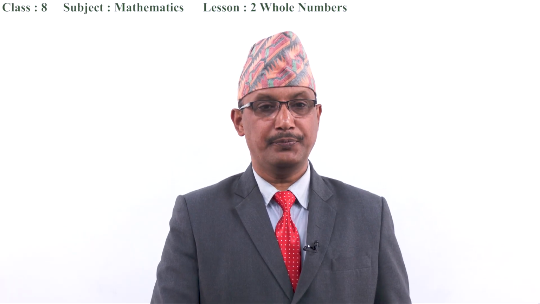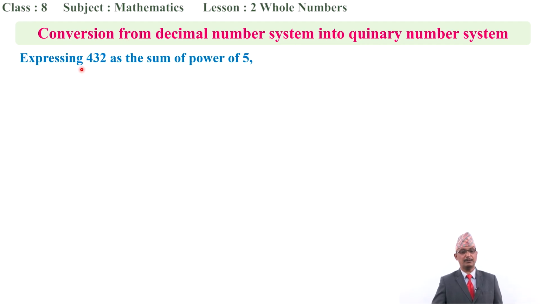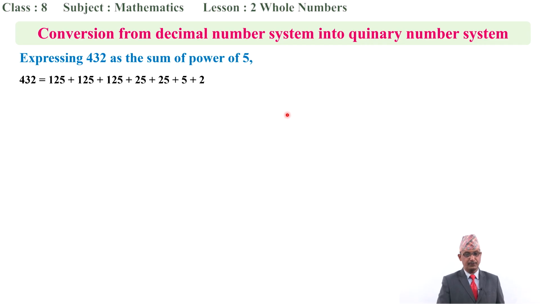So look here, conversion from decimal number system into quinary number system. We have taken one number from decimal number system, which is 432. How can we convert 432 into quinary number system? Firstly, we arrange 432 as the sum of powers of 5. 5 cube means 125, whereas 5 to the power 4 means 625.